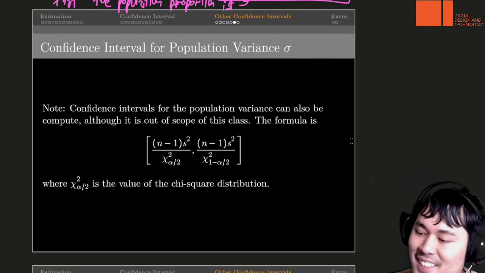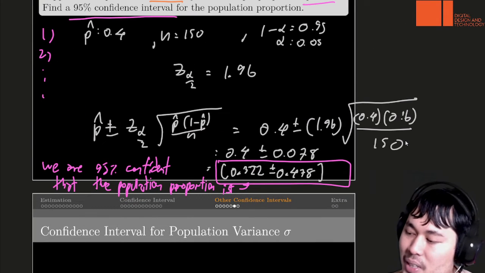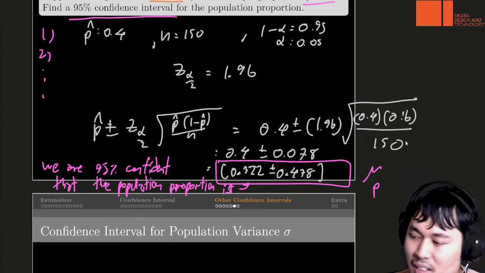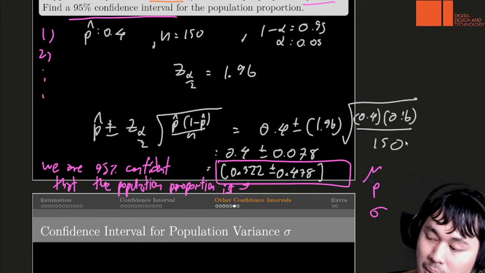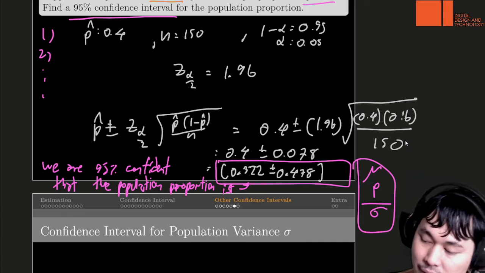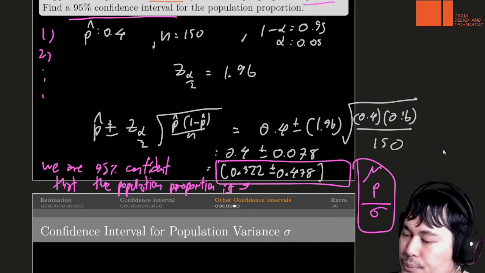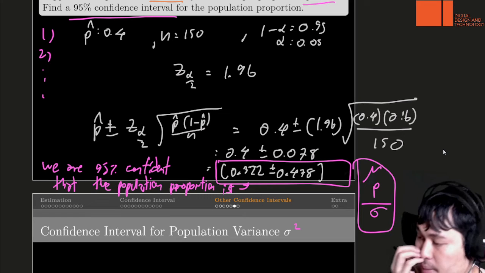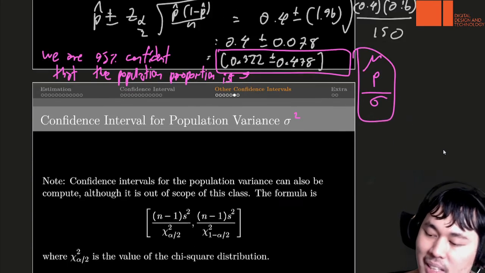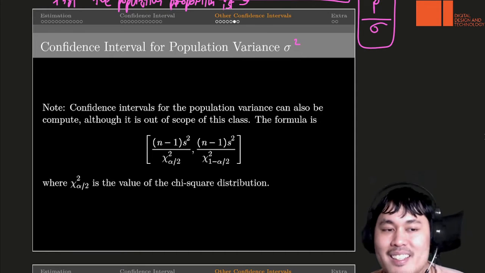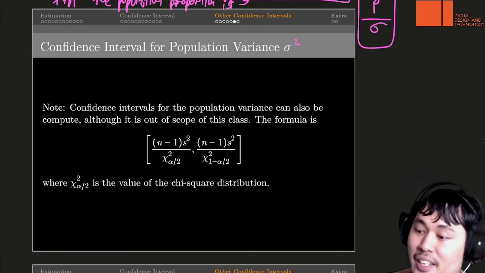And lastly, we talked about the population mean, we talked about the population proportion. Of course, we can talk about the population variance, population standard deviation. Our variance should be sigma square, my bad. Right, but the formula doesn't look friendly, I would say. It just looks kind of bizarre.